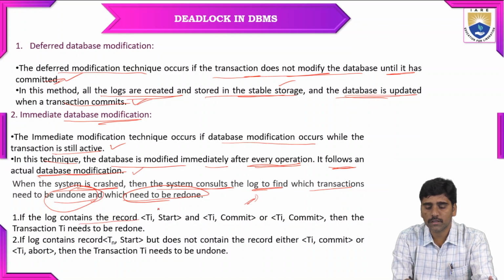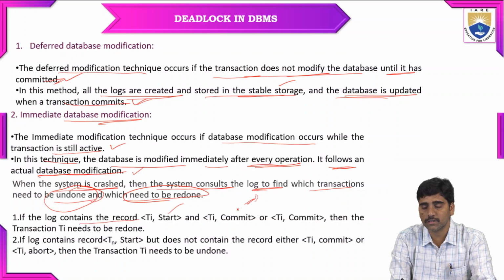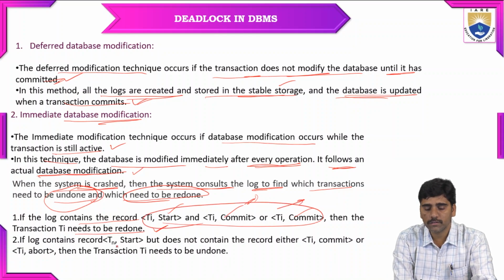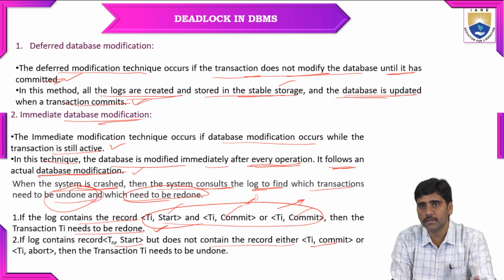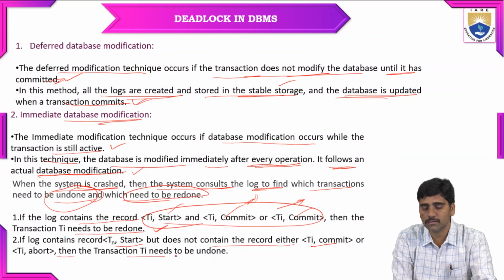If the log contains transaction start and transaction commit, then the transaction needs to be redone. If the log contains the transaction start but does not contain either commit or abort, then the transaction needs to be undone.